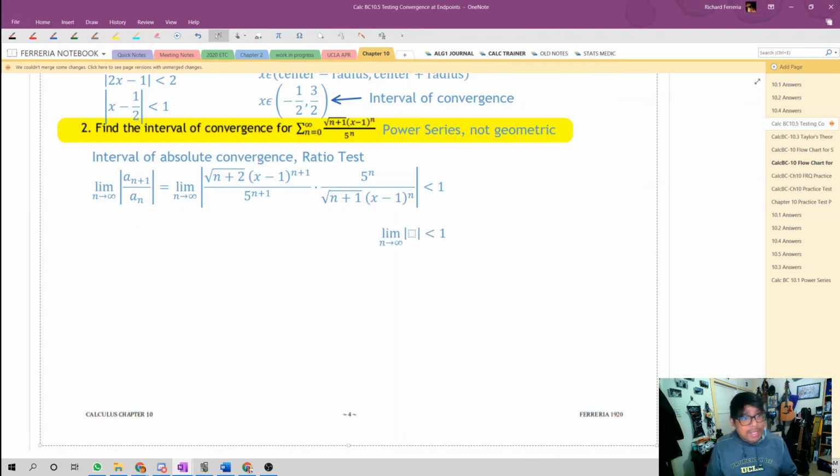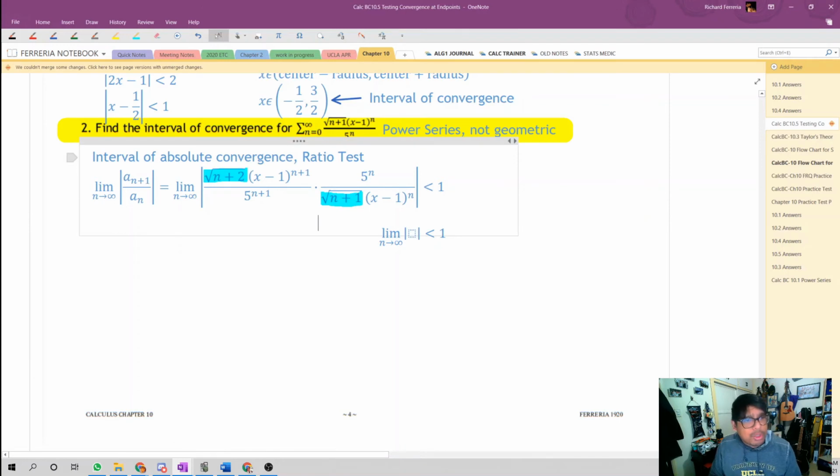Now we're going to take it piece by piece and see what we can do here. The first pieces I see are these square roots. And really, we can't do anything with them. They have an n, so I'm going to put them inside the absolute value for the next step.